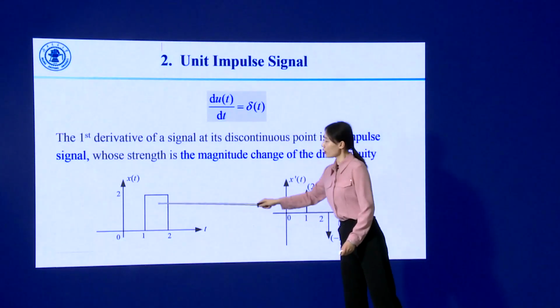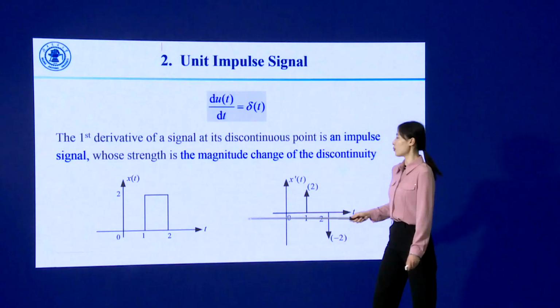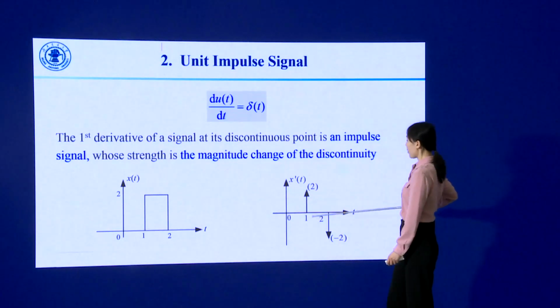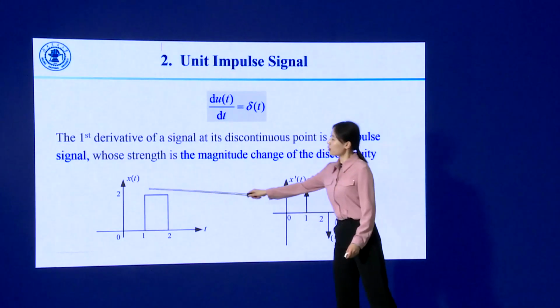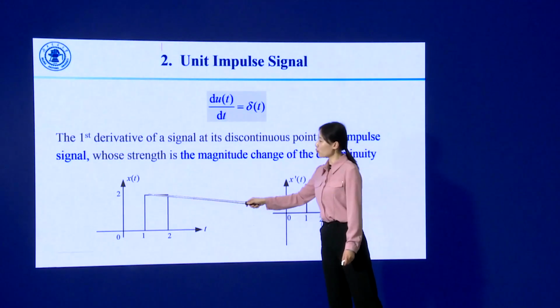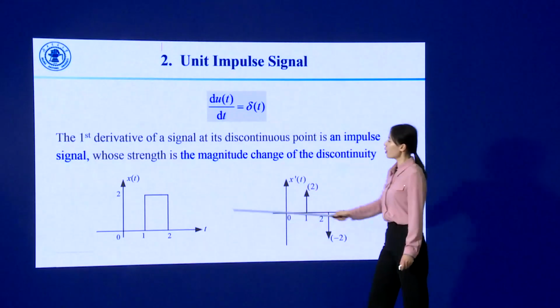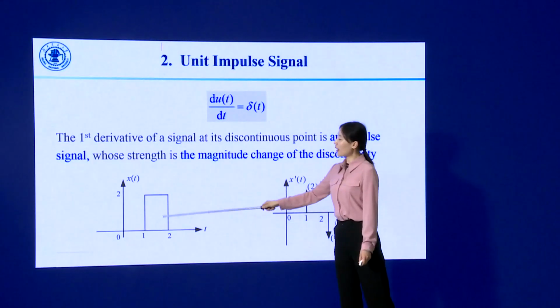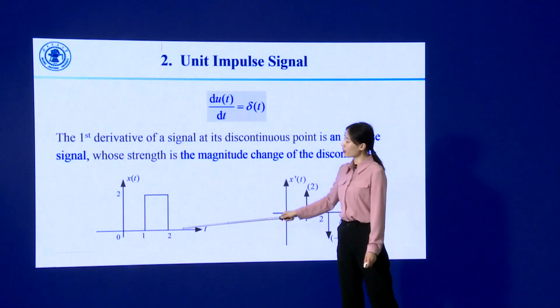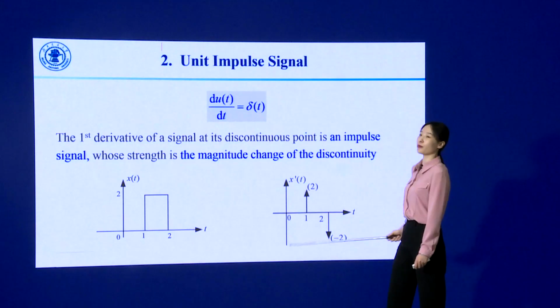For these two discontinuity points, the first derivative is an impulse signal. For this one, the magnitude change is 2 minus 0, thus the strength is 2. For this point, the magnitude change is 0 minus 2, thus the strength is minus 2.